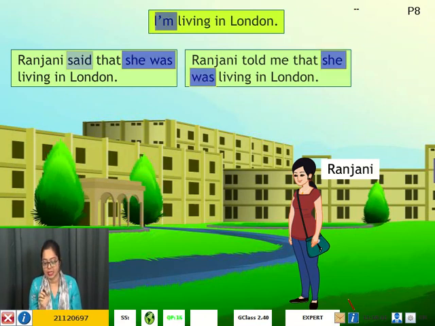They use said. When you are converting something from direct speech to indirect speech, the first thing is I am, first person singular number, gets converted into third person singular number. After that, we use said. Next you see, you can also use told. You can sometimes use it according to the usage.